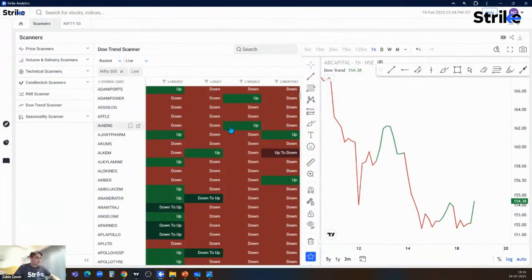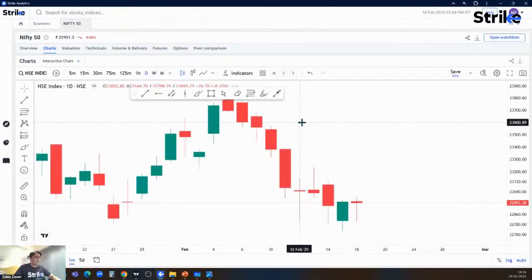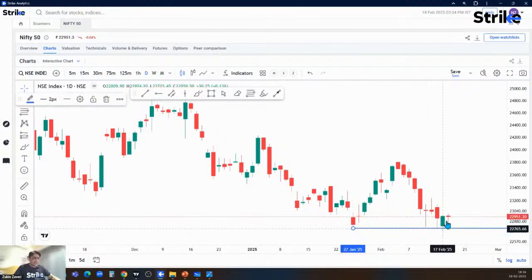Let's understand the Nifty chart also today. What has happened in Nifty? Let's say today Nifty is currently trading near the support level and showed some kind of a bottom. Let's assume today is a bottom and Nifty is expected to go up higher.